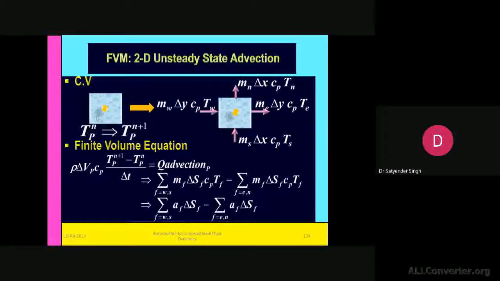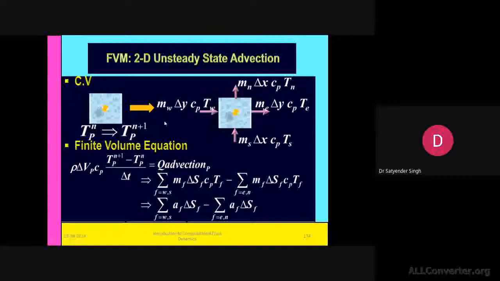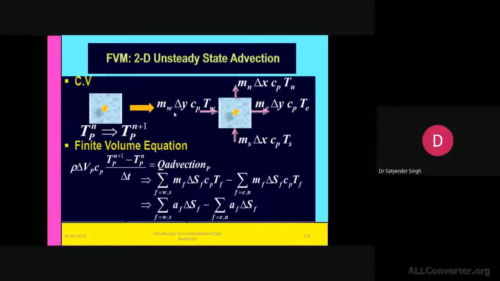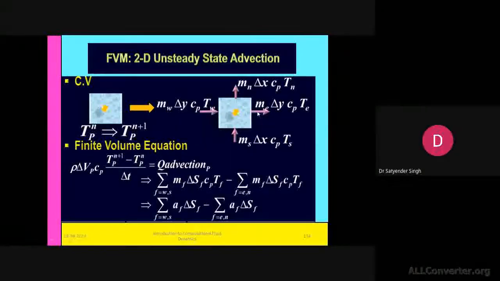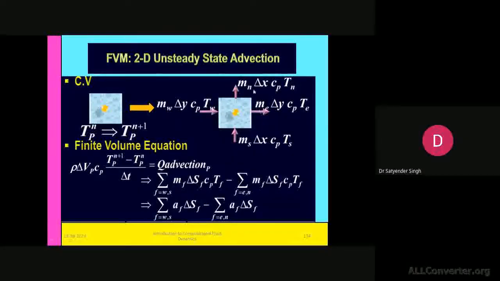Now, the first temporal term will remain as it is from the earlier case and takes the same form. And for advection now, we have to solve the enthalpy fluxes. Enthalpy here will be represented like m c p delta T. So delta T will be the difference between the two cell centers. Let's say enthalpy flux is entering this control volume at this control surface and leaving the control volume at this control surface.